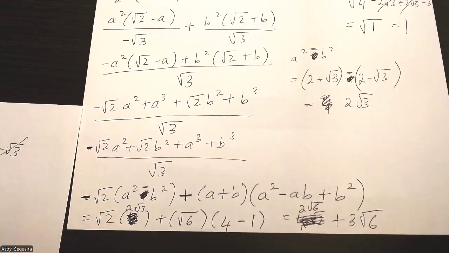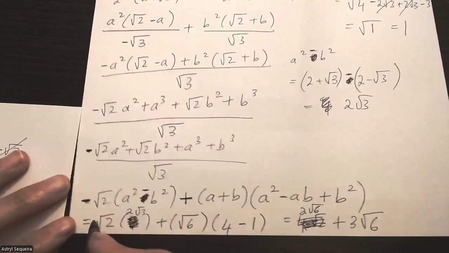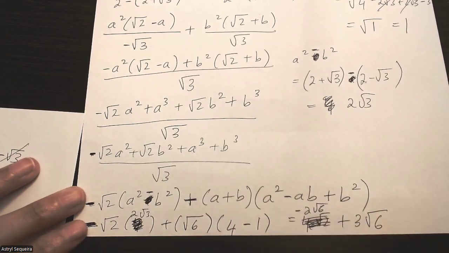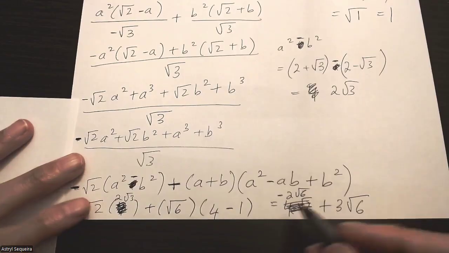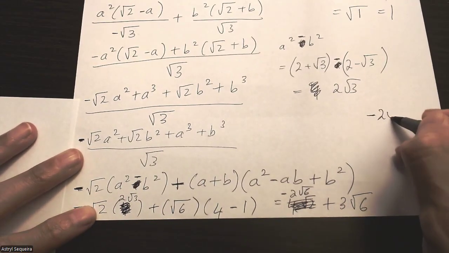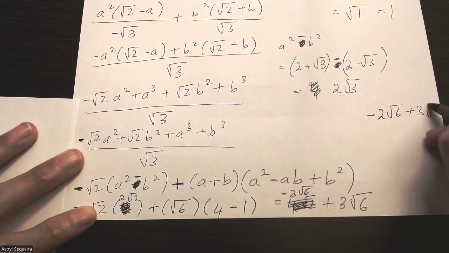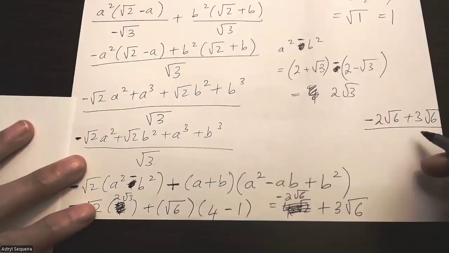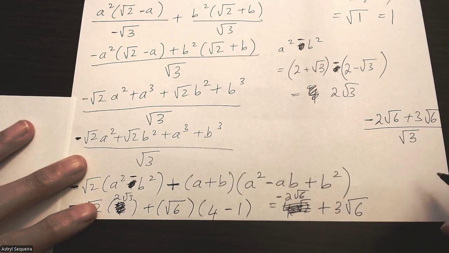So now I have, no wait, that's a negative. Don't forget that negative. Negative 2 root 6. So what I have at this point here, when I fix the mistake, is negative 2 root 6 plus 3 root 6 divided by root 3.